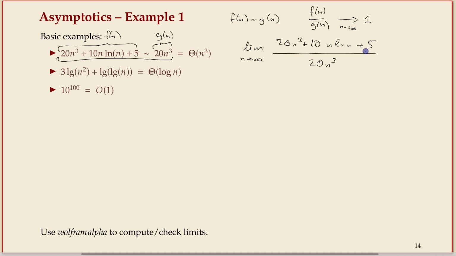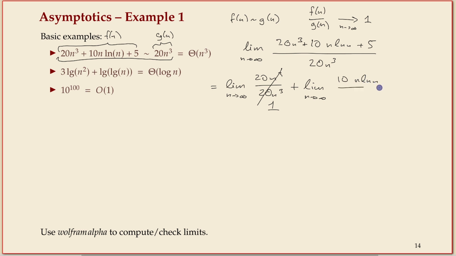That's a fraction with the sum in the numerator, so we split it. We have 20n cubed over 20n cubed, that's otherwise known as 1. And then we have these other two, n ln n over 20n cubed.